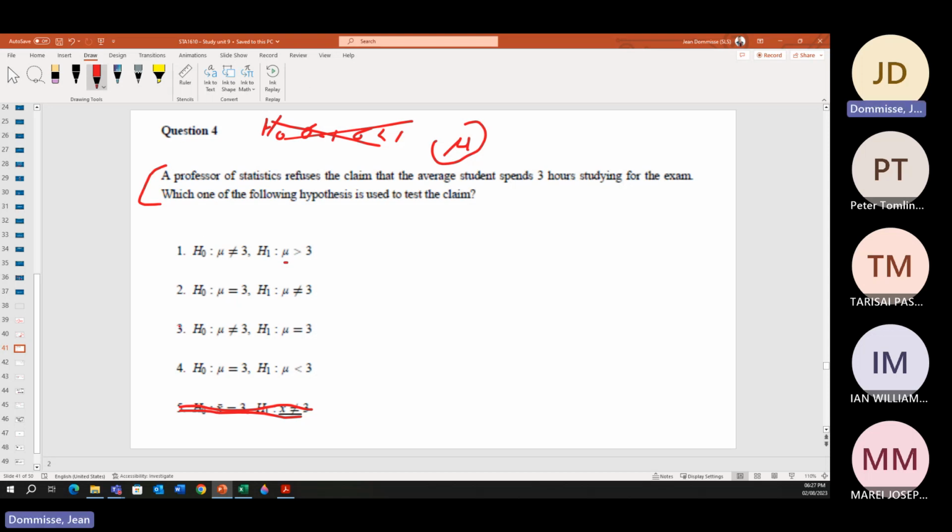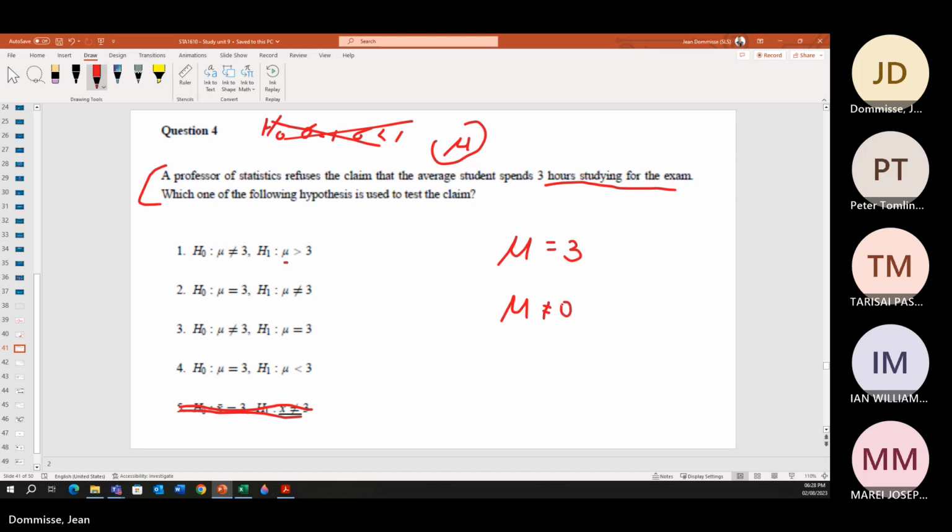Okay, so when we look at the question: the professor of stats refuses the claim that the average student spends 3 hours studying for the exam. So you either spend 3 hours or you don't.